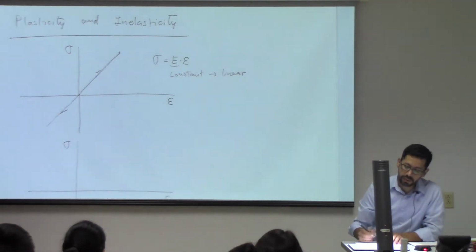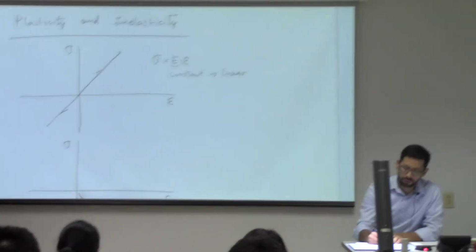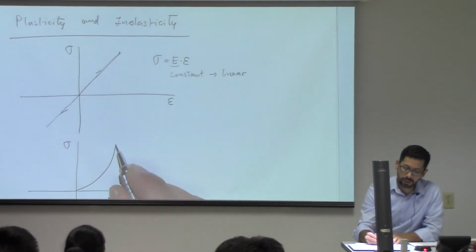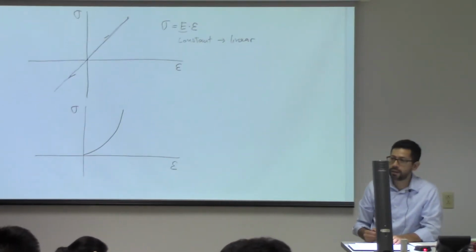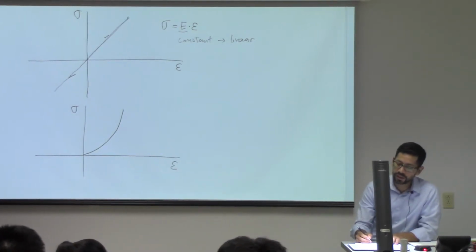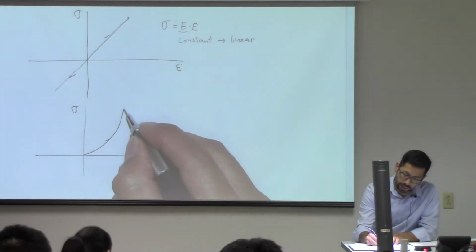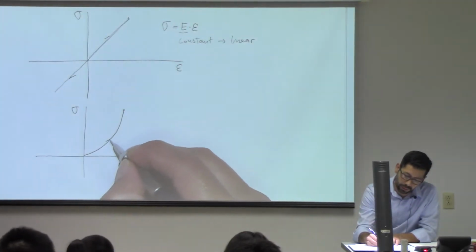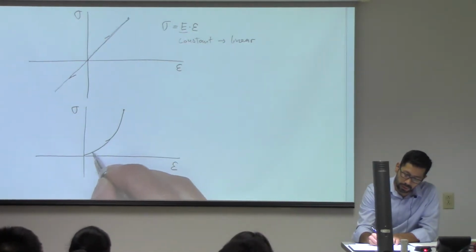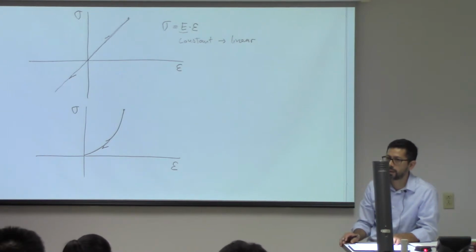You could have systems which are elastic, but they are not linear. For example, you could have something like that, in which the more stress you apply, the stiffer the material gets. And in this case, also, you could load in this direction and get to this point, and if you want, you can load in this direction, and you will go through the same path.